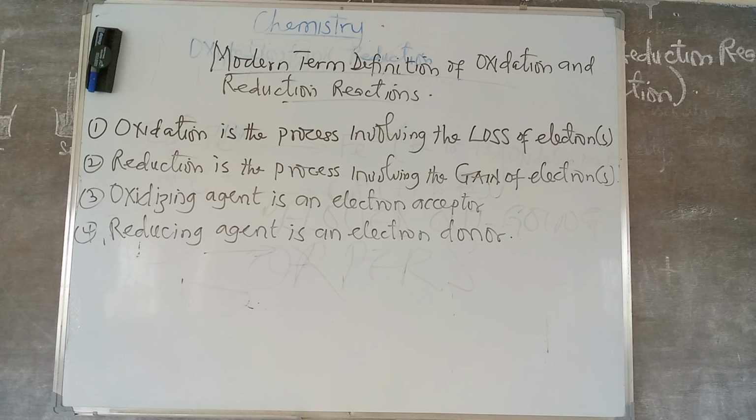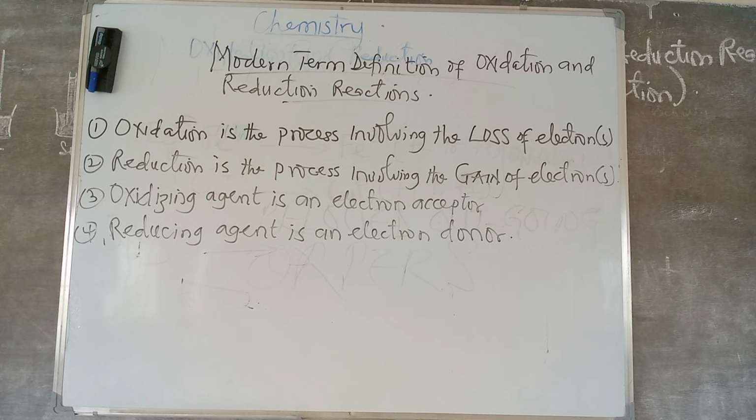Oxidation is a process involving the increase in the oxidation number of an element. If you compare that one with this modern one now, it will look as if it is confusing. How can a substance which is increasing in its oxidation number be losing electron? Remember, compare the last definition in terms of electron transfer and now this modern definition.